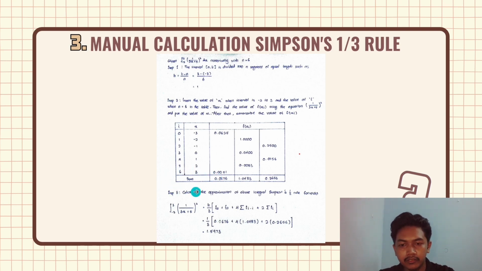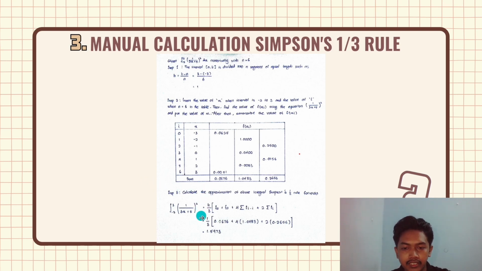Now, we need to sum the fx1 for this column. We got 0.0676, and fx2 for this column, 1.0483, and lastly for the third column, 0.25 plus 0.0156, we got 0.2656. Lastly, for step 3, we need to calculate the approximation of the above integral using Simpson's 1/3 rule formula.